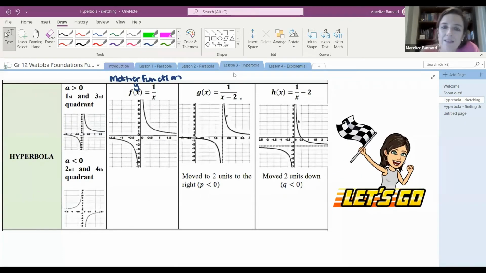By subtracting 2, we're actually moving the graph 2 units to the right. So this is moving it left or right if I add and subtract from the x's. If I just add or subtract from the 1 over x, that is shifting the graph up or down. So in this case, it's minus 2, so we've moved the graph 2 units down. That also gives you your asymptotes.